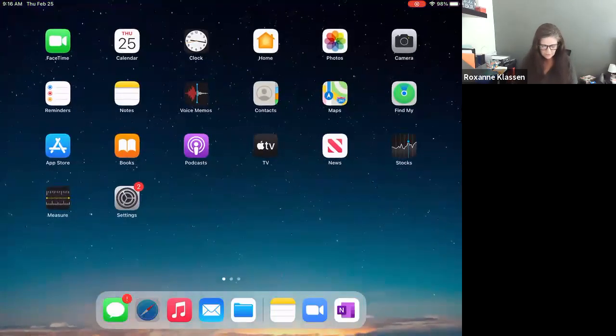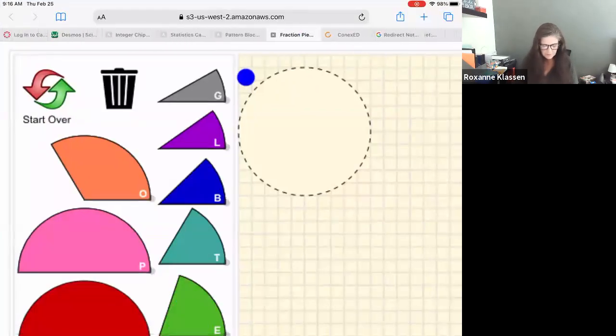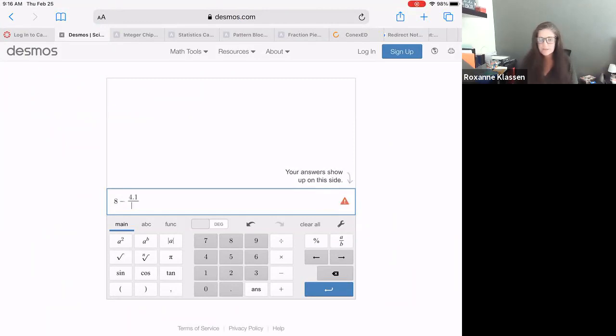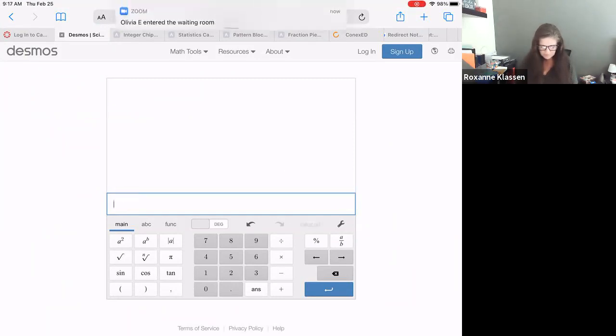So if I do that on my Desmos calculator, if I do 8 minus 4.1, if I'm not careful, if I just do my division sign right here, that's not what I want to do. Okay, so be careful. Make sure you have parentheses, make sure you have something.